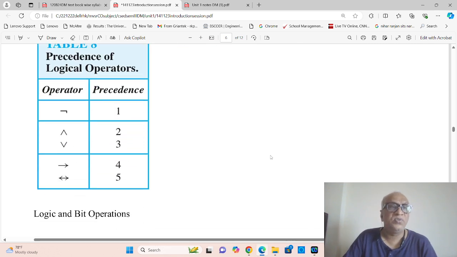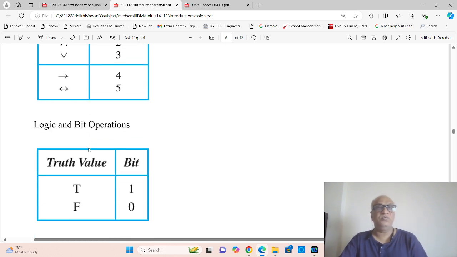Coming to the precedence of the operators, negation has the highest precedence. After that comes the AND conjunction, then the OR disjunction, then the implication conditional statement, and then comes the biconditional statement. So this is the precedence of the operators.